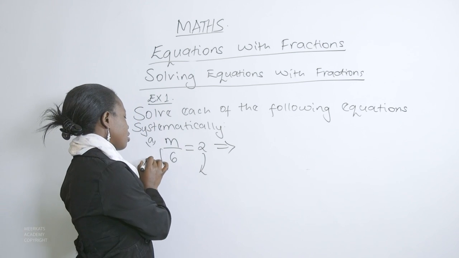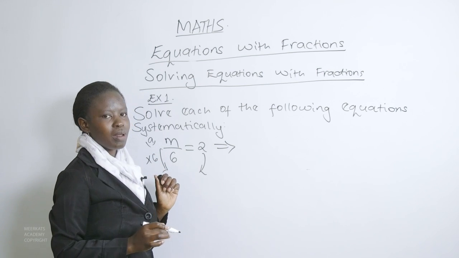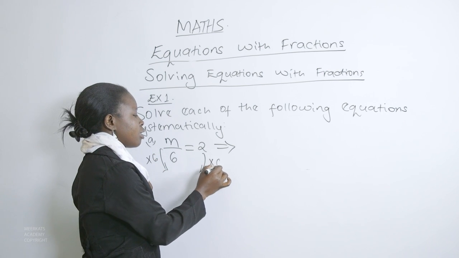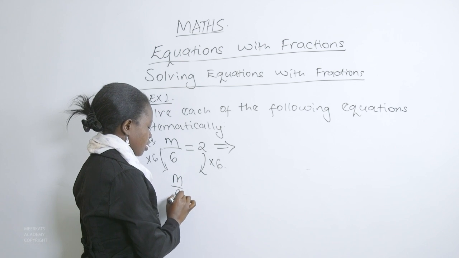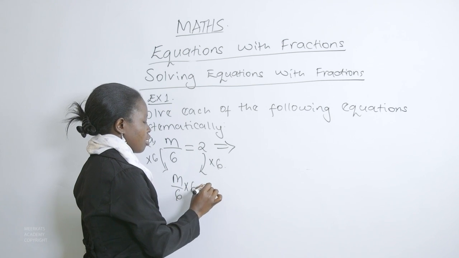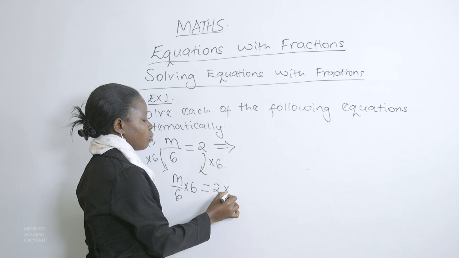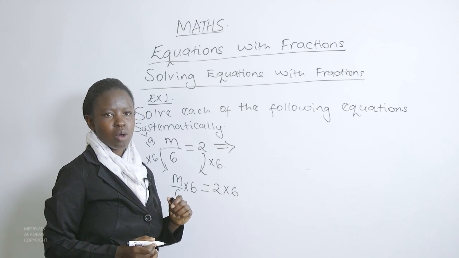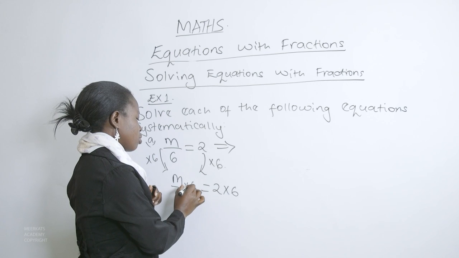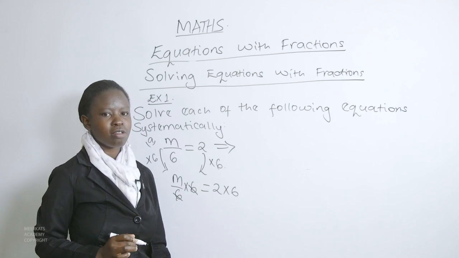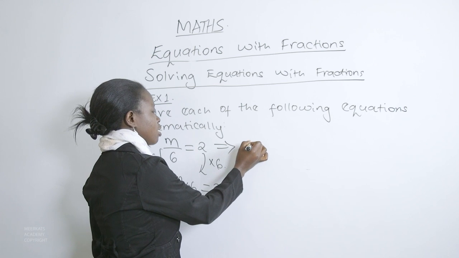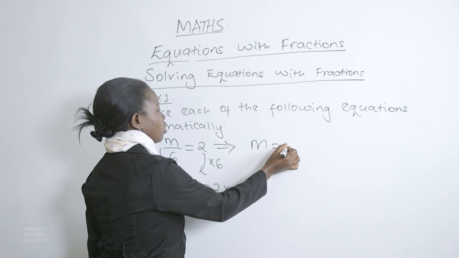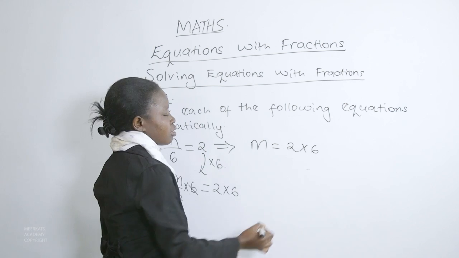Multiply the left hand side by 6, multiply the right hand side by 6, so that we have m over 6 times 6 is equal to 2 multiplied by 6. When we multiply by 6 on both sides, the 6 and 6 cancel out, and you're left on the left hand side with m is equal to 2 times 6.